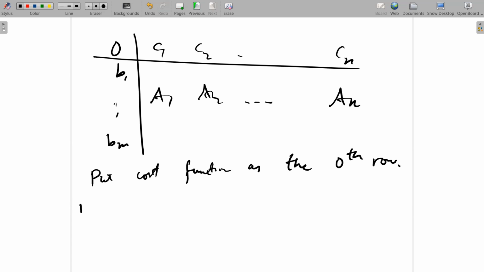Okay, the first step we'll do, and after we write out the steps abstractly, we'll actually see a very concrete example so that this is very clear. So first, put the cost function as the 0th row, and then write Cj in the 0jth position. That's exactly what we have done. This is the 0th row, the 0jth position has Cj.